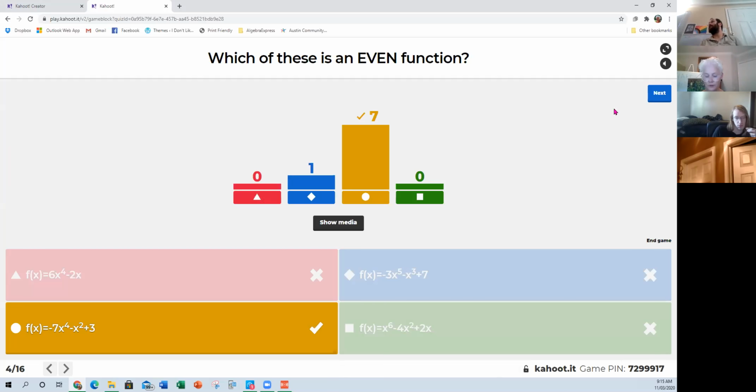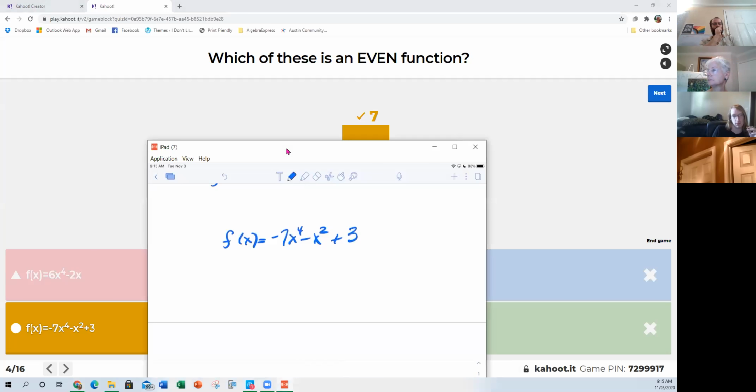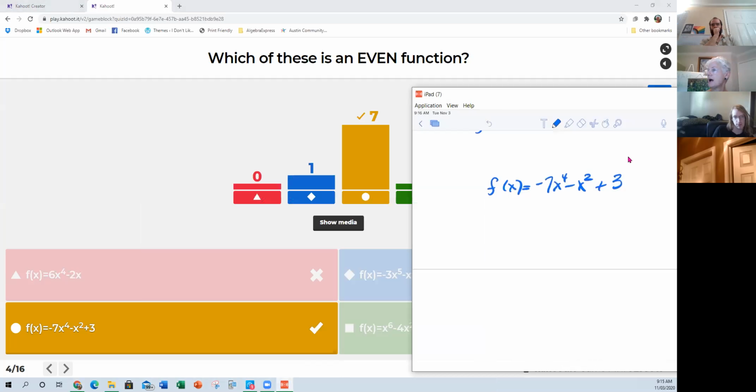Okay. So if we look at f of x equals negative 7x to the fourth minus x squared plus 3. And we're looking at just the exponents. A constant always counts as even because that's like 3x to the 0. So here we have even exponent, even exponent, even exponent.